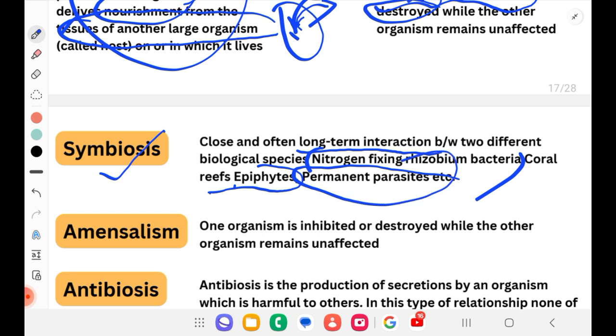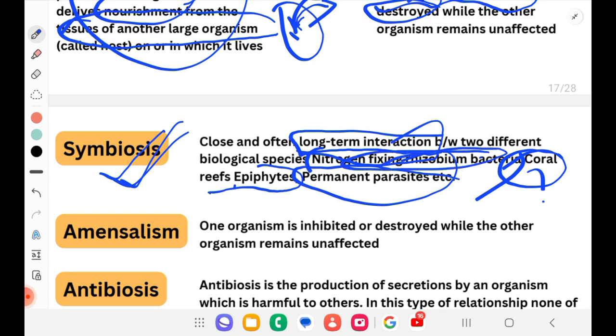If it is long-term, then it is said to be symbiosis. Long-term interaction should be there. We are not considering positive or negative, but only whether it is long-term or short-term. If it is a long-term interaction, then we call it symbiosis. Example, coral reef, then we have rhizobium bacteria, which we already discussed, okay.